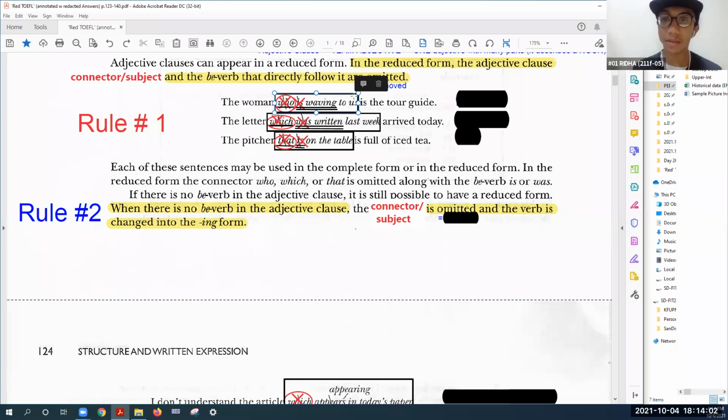No, it's connector and subject at the same time. Exactly. And how about the is? Is a helping verb. Yeah, it's the auxiliary. What is the base form? Be. That's right. So when I make the verb is waving, which formula is that?